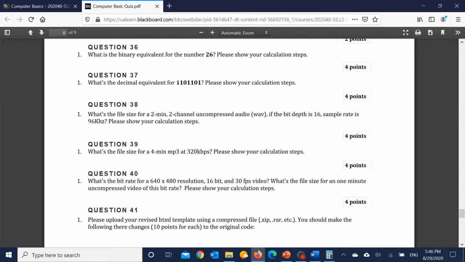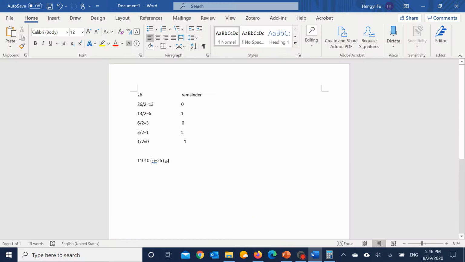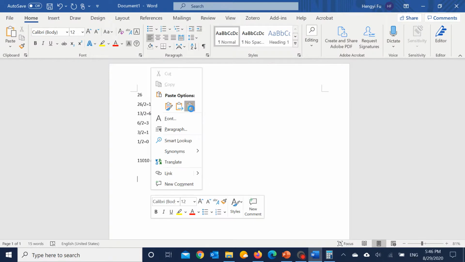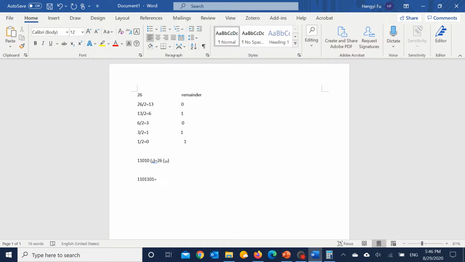Let me copy this number to my Word. Okay, we should multiply the digit from right to left by the value of the placeholder, 2 to the power of n, and then add those numbers together to get a final result.